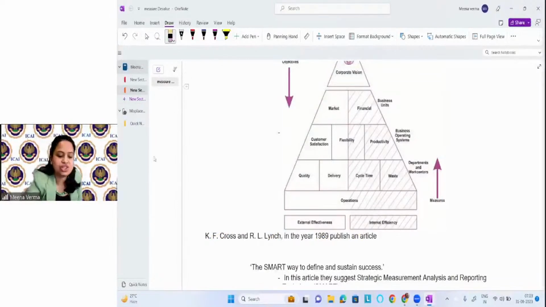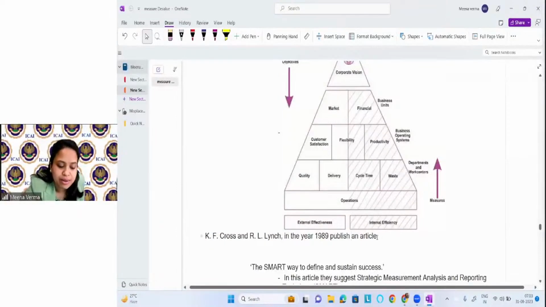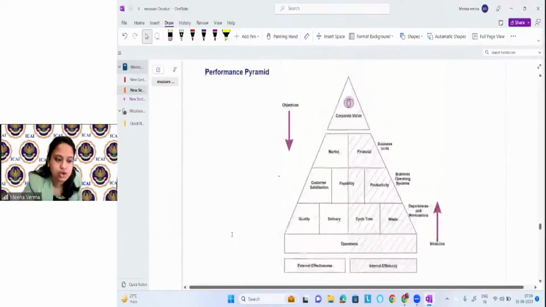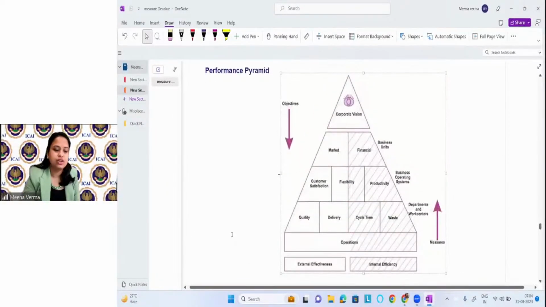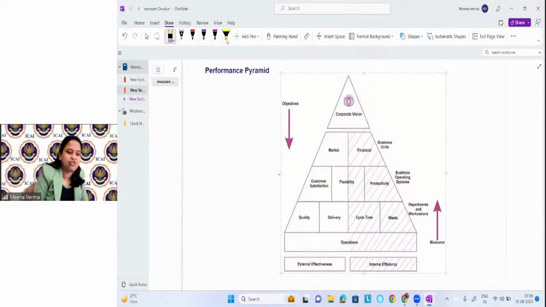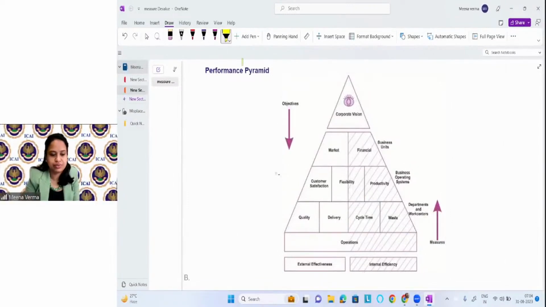Now the question comes, what do we measure here? Performance measurement, right? So how can we measure the performance of the organization using this model? Let's observe this model. This entire model is first divided into two parts: external effectiveness and internal efficiency.